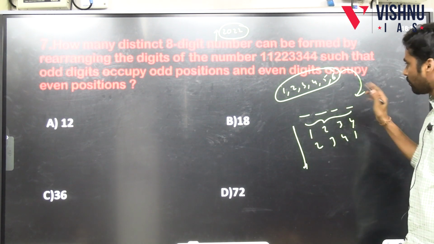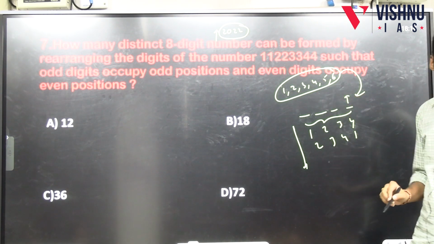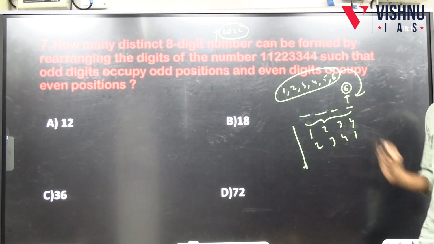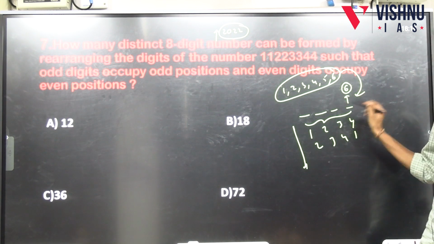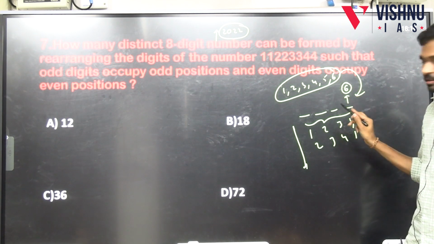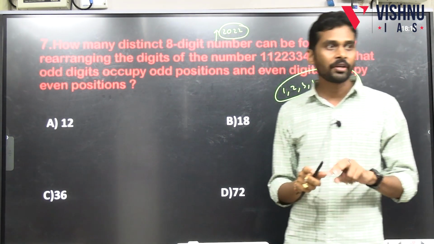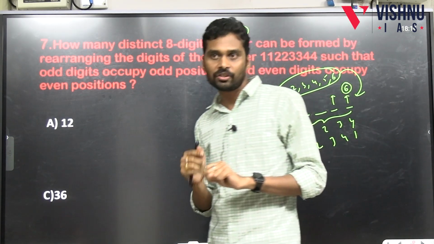So generally what happens is, at the units place, how many digits do we have? 6. At this place I can use any one of these 6 digits, 1, 2, 3, 4, 5, 6. Now in the permutations and combinations topic, we have 2 cases: repetition allowed and repetition not allowed.